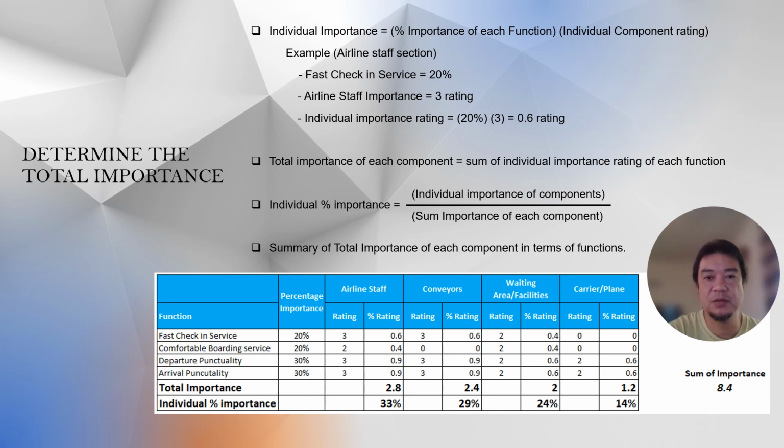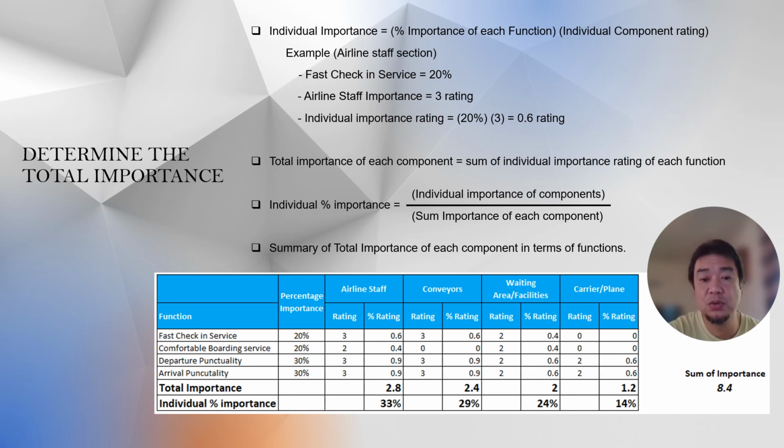That is the function multiplied by the rating on the airline staff importance, which is 3. So 20% times 3 is 0.6 rating. That's for the airline staff in terms of fast check-in service.